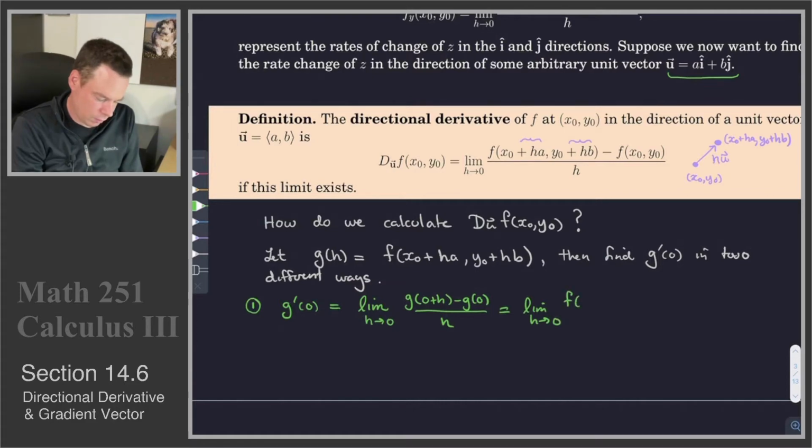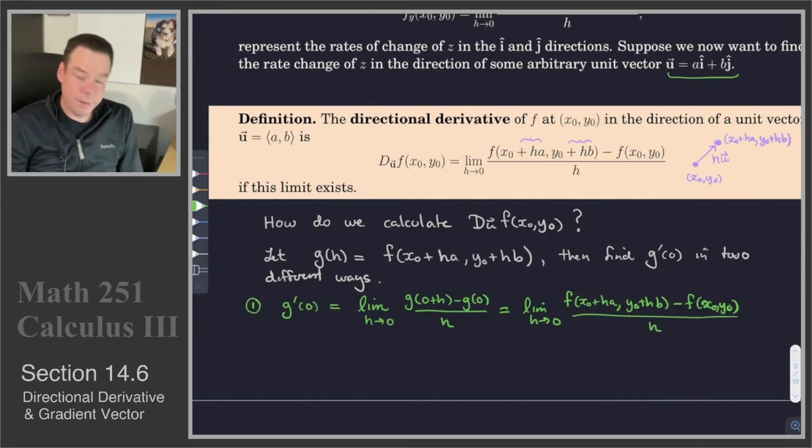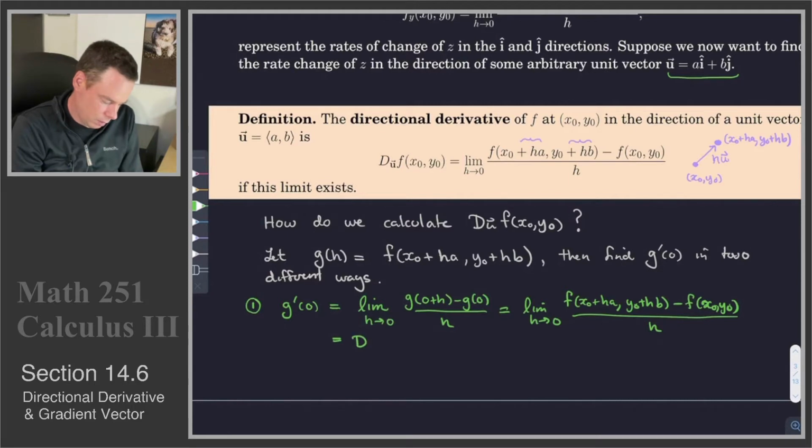So that's f(x₀ + ha, y₀ + hb) minus f(x₀, y₀), that's g(0), all over h. And that's just the definition of the directional derivative. So the nice thing about defining g to be that function of a single variable h is that when we compute its derivative at 0, it's precisely the directional derivative.